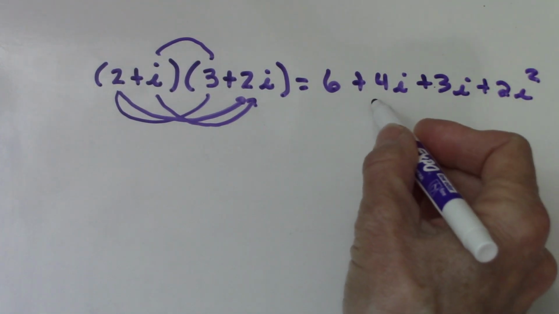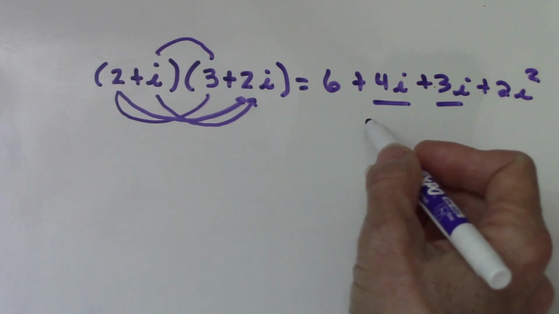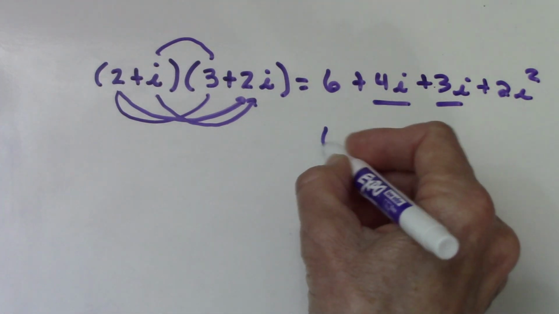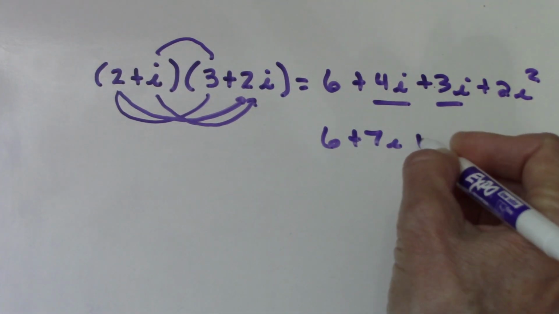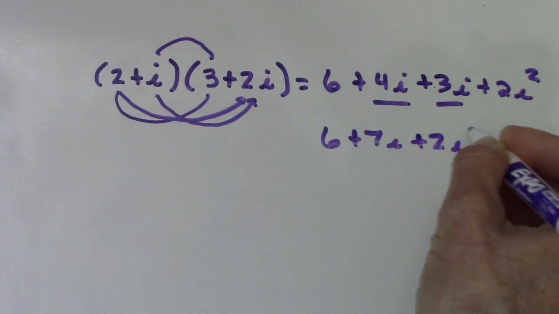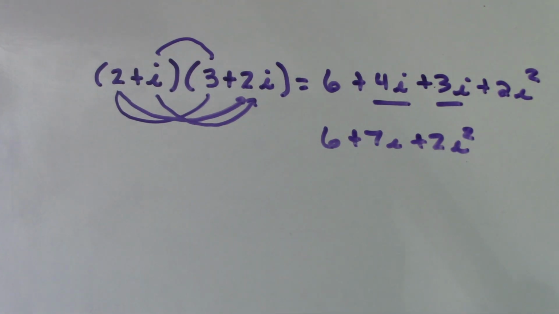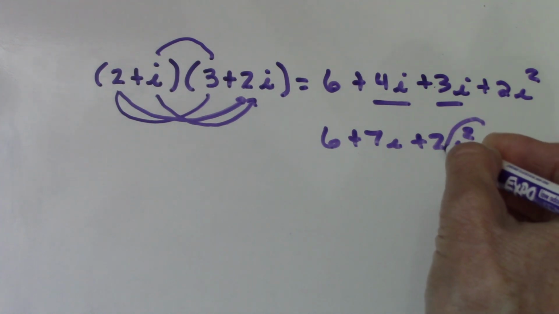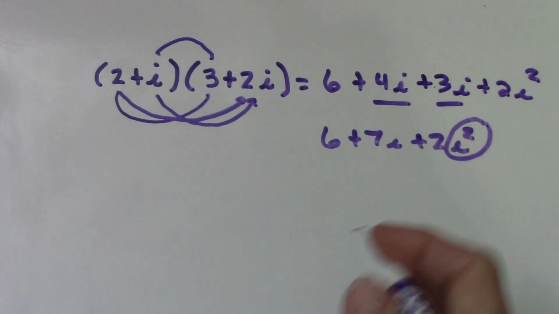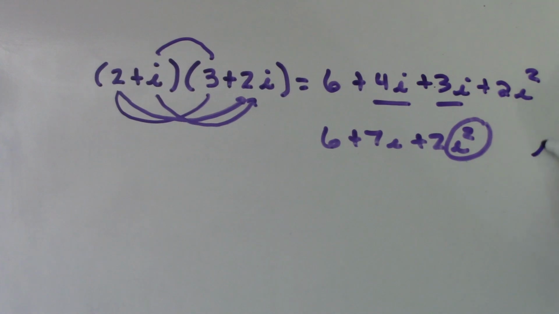Okay, when I go to combine like terms, I see I have 4i plus 3i, which gives me 7i, so I have 6 plus 7i plus 2i squared. And remember from the previous video that i squared equals -1.